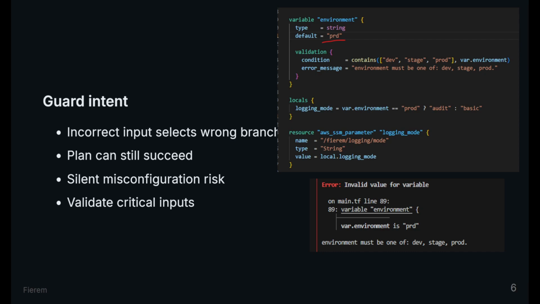On a submarine, the dangerous state was not always a hard failure. It was a system that still ran after selecting the wrong lineup. Conditional expressions carry the same risks. A false branch can look healthy while drifting away from operational intent. The outcome is that conditionals should be paired with validation when the branch affects security posture, exposure, or production behavior.